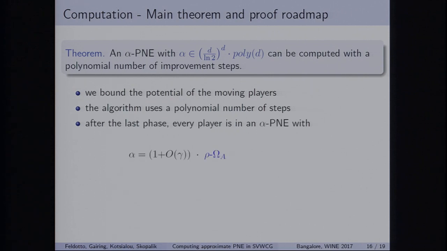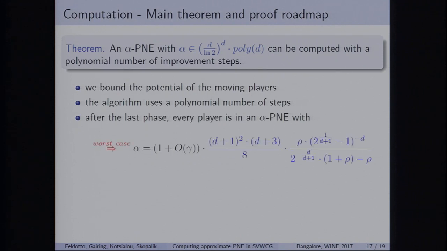We show that after the last phase of the algorithm, every player is in an alpha approximate equilibrium, where alpha equals 1 plus O of gamma times the limited stretch. So gamma is a small positive number. But we saw before that the limited stretch in the worst case can take this form.